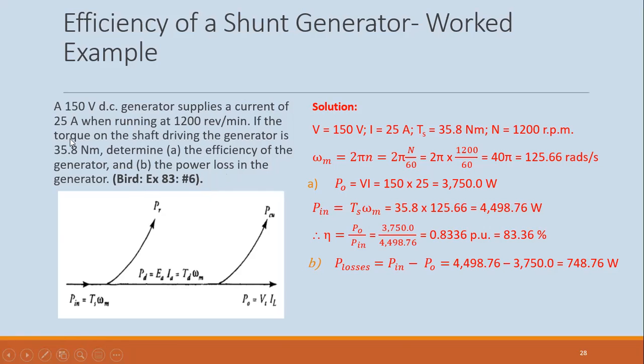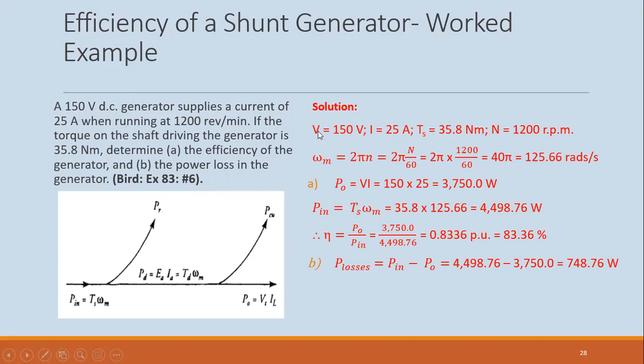All right, so the voltage given here would be the output voltage, and the supplied current would be a load current, so that would be I, the output current.